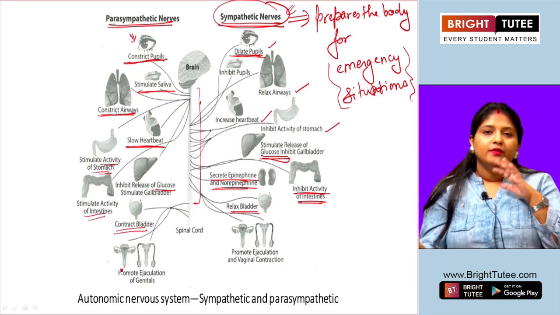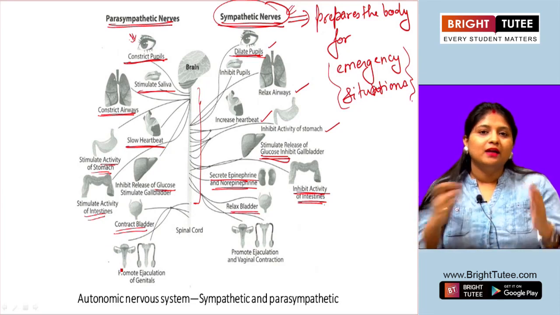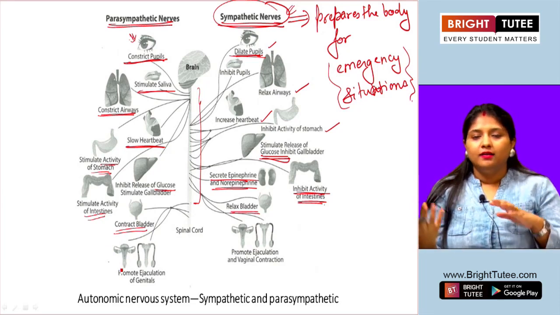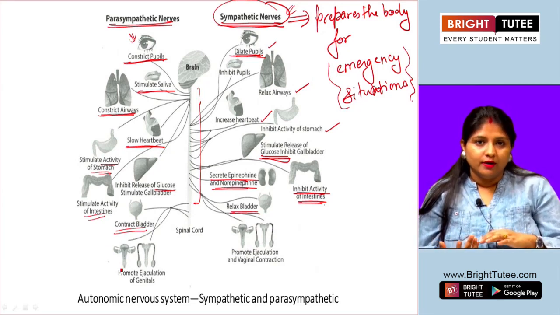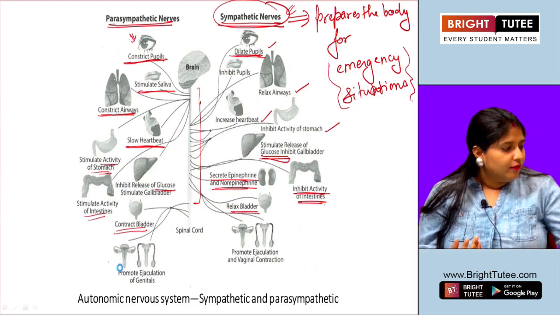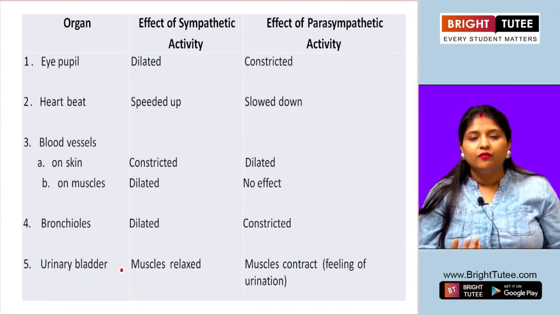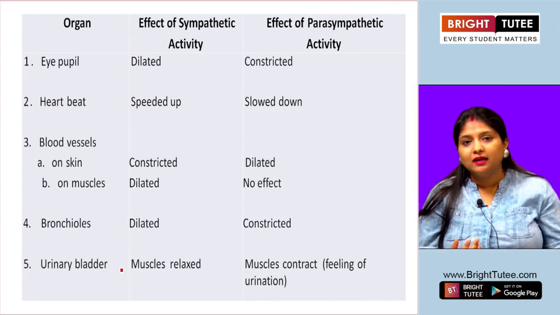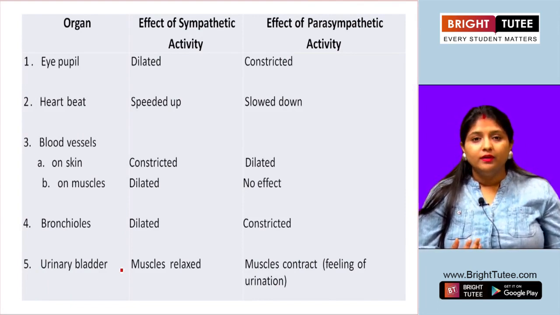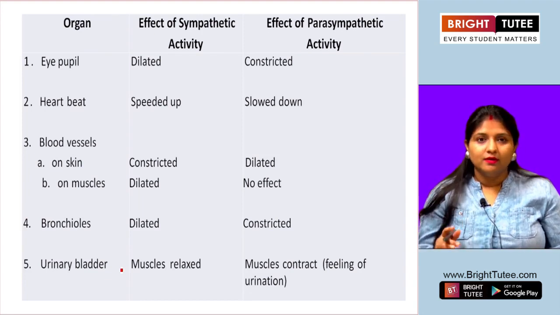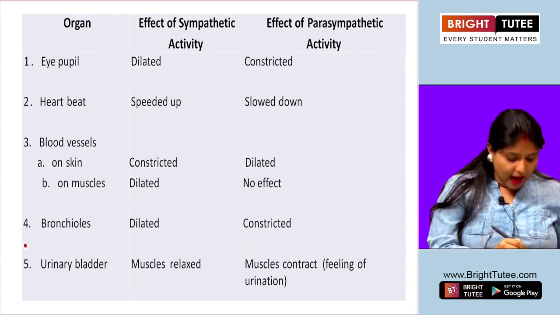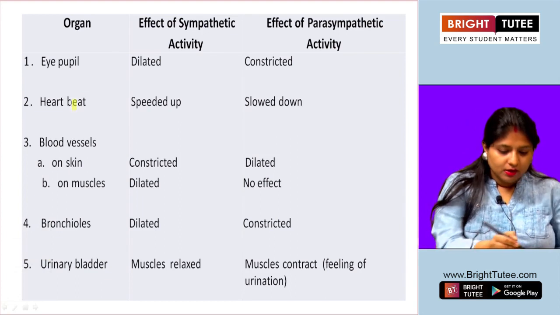So the functions over here, you can see, are antagonistic in nature. That means they are opposite to one another, right? So now with the help of this table, let's understand the effect of sympathetic and parasympathetic activities on certain organs. First we have the eye pupil, right?